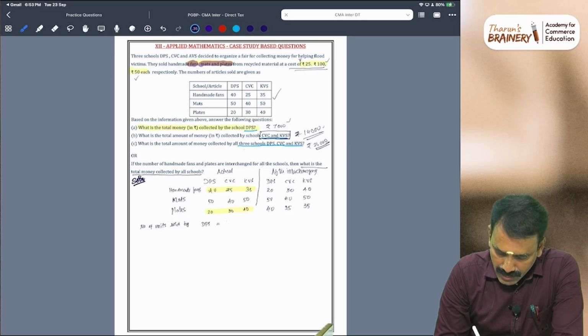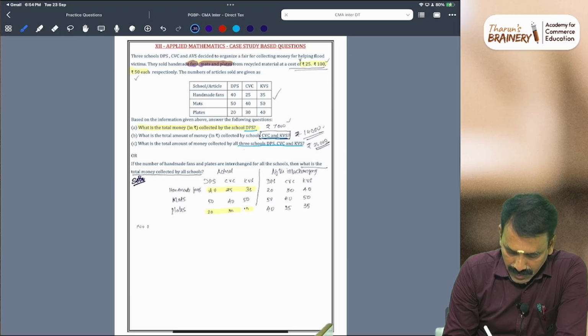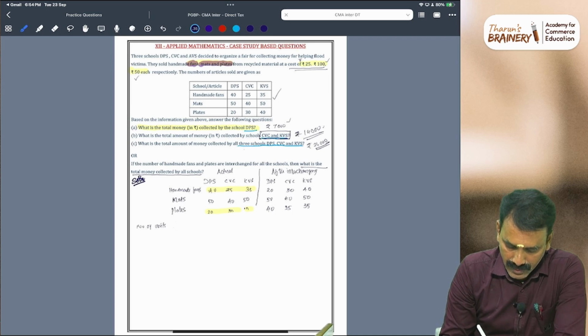It is written as a row matrix, that is 40, 50, 20.